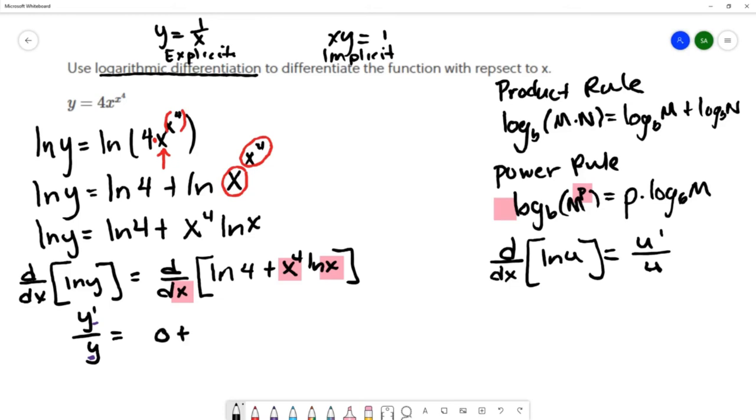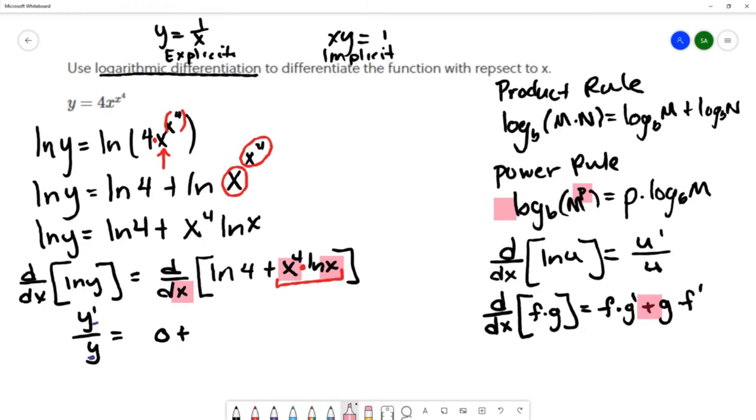And then on this term here, I have a product. The product is x to the 4th times natural log of x, so I need to use the product rule to calculate the derivative. So if you'll remember, the derivative using the product rule is the first times the derivative of the second plus the second times the derivative of the first.